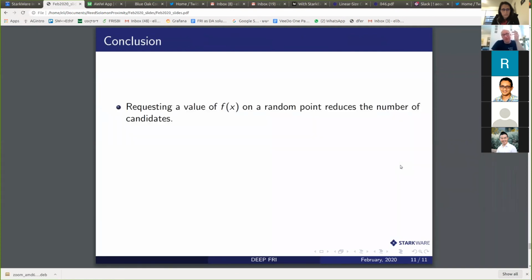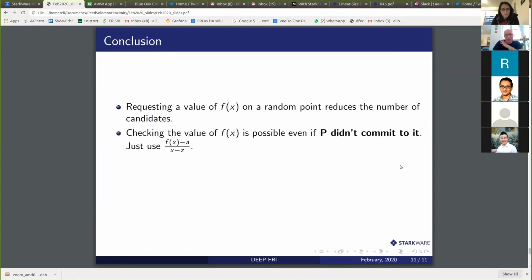So the conclusion of all of this is that, for the DEEP at least, requesting the value of f of x on a random point reduces the number of candidates. That's the elimination or disambiguation procedure. And then checking the value of f of x is possible even when P did not commit to it. You just do this local correction.